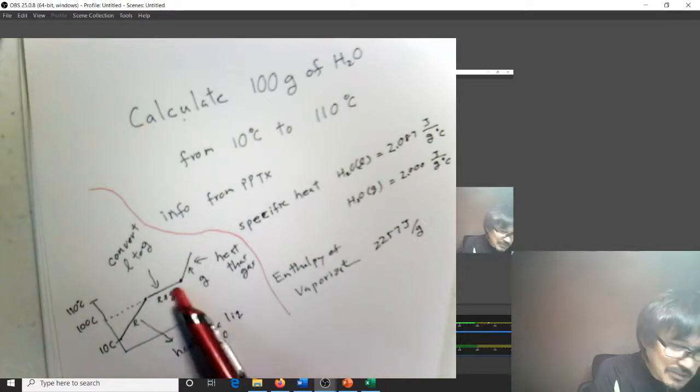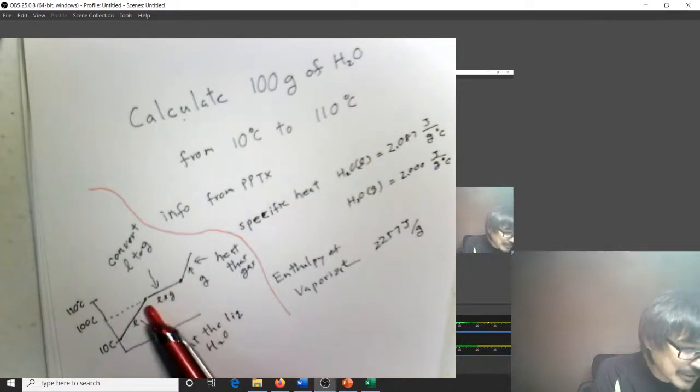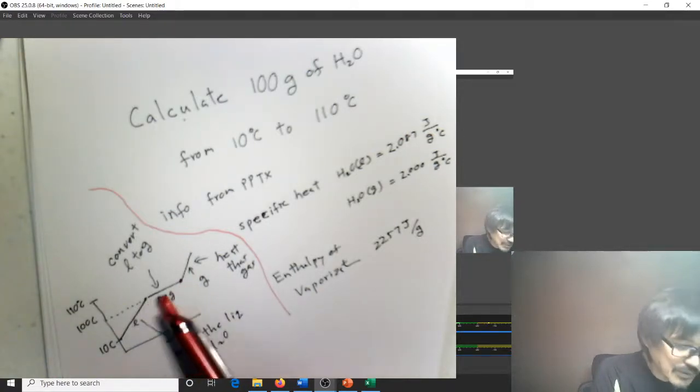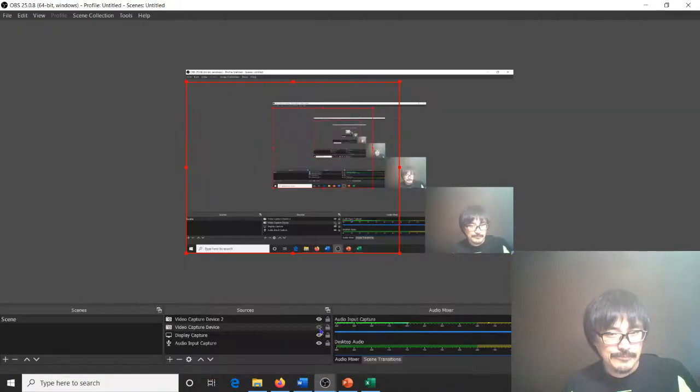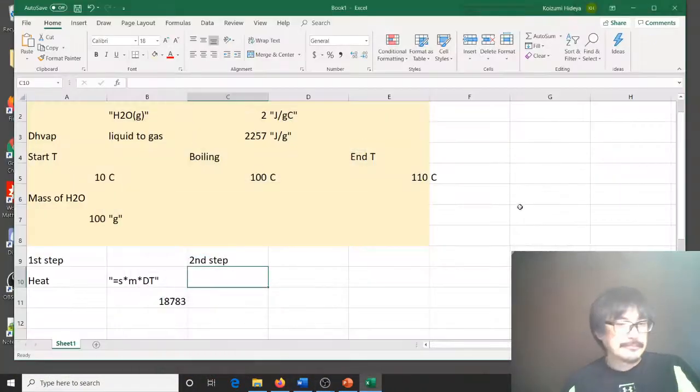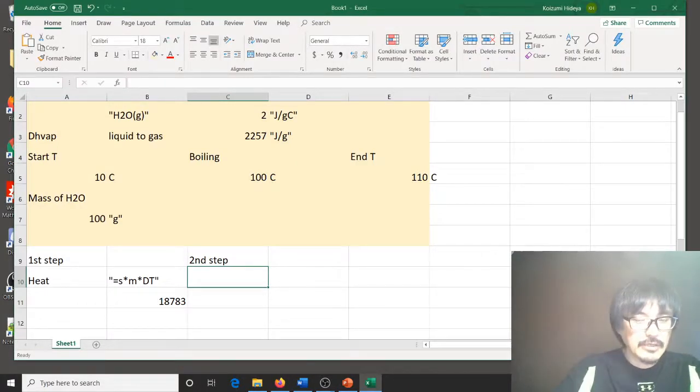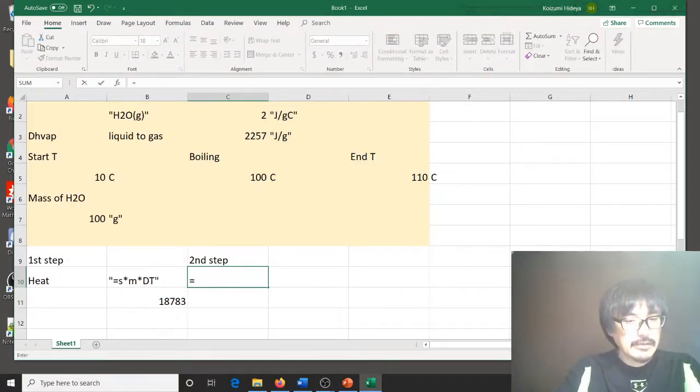So there is no temperature change. We're just simply converting liquid to gas, right? So for this particular case, the only thing we need is the heat of vaporization.